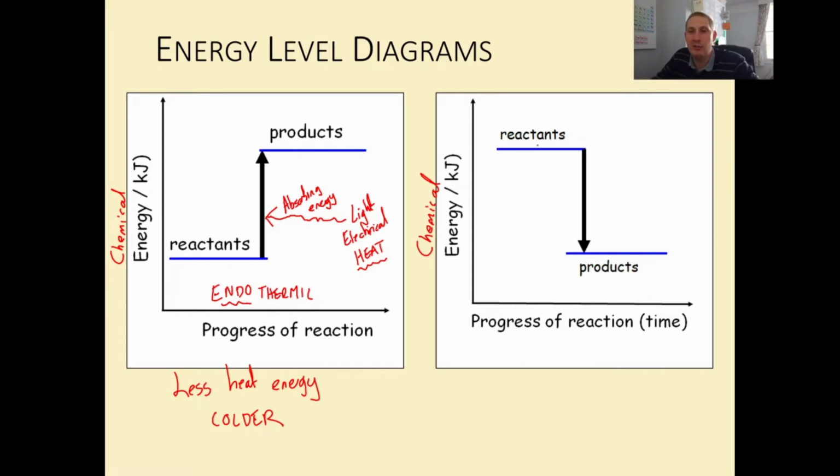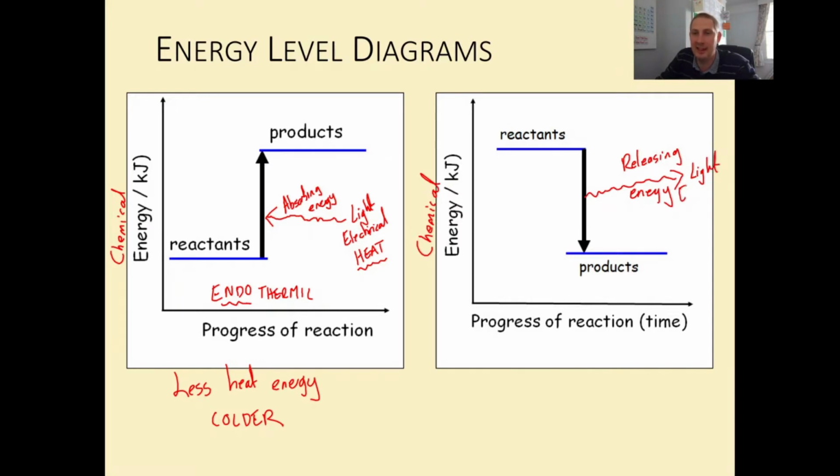Here, though, the reactants have lost chemical energy as they become the products. Well, that energy has to go somewhere, and so it must be releasing energy. And again, this can be as light, glow sticks.